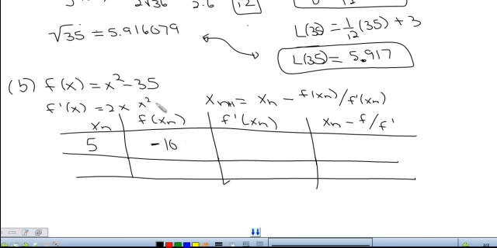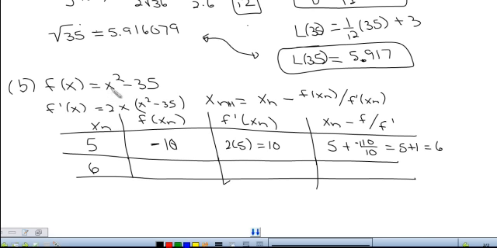That's using x squared minus 35 here. F prime would be 2 times 5, which is 10. So my next guess is going to be 5 minus negative 10 over 10, which is going to be 5 plus 1, 6. So 6 is going to be my next guess.